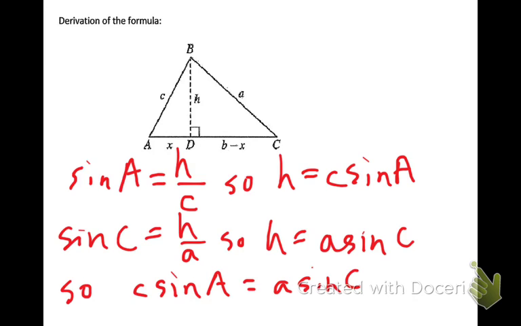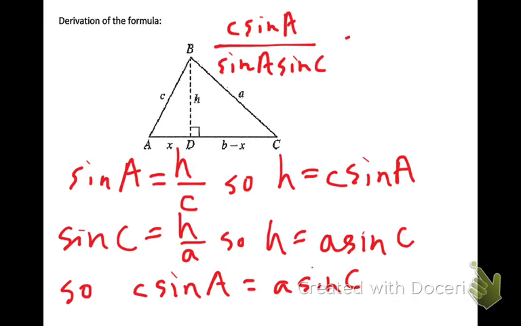So the next step would be to divide both sides of the equation by sine A times sine C. So we'd have c sine A over sine A sine C is equal to a sine C over sine A sine C.